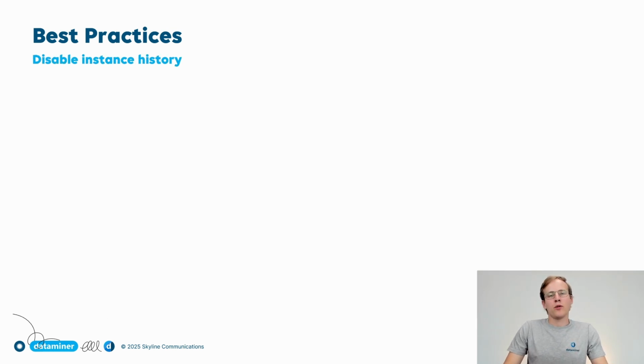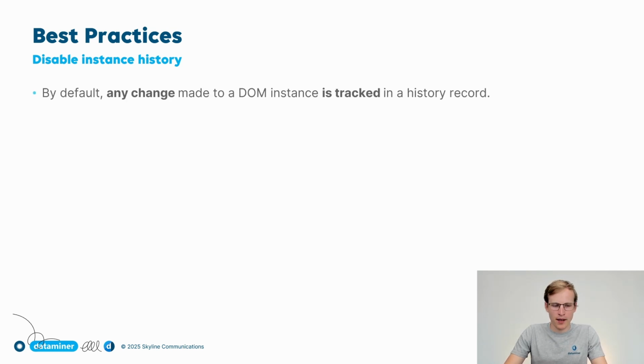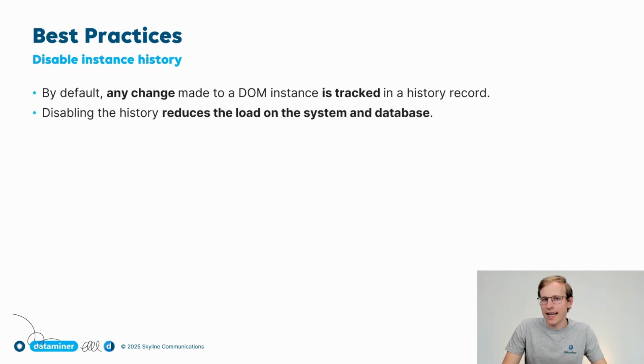The last best practice I want to share with you is disabling instance history. I've already hinted at this during the explanation of the module settings object. By default, any change made to the DOM instance is tracked in a history record. So every time you change your DOM instance, we'll store that a person changed that field to that value at that time. If you do not really need that information, you should disable it.